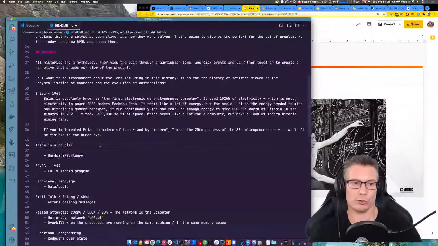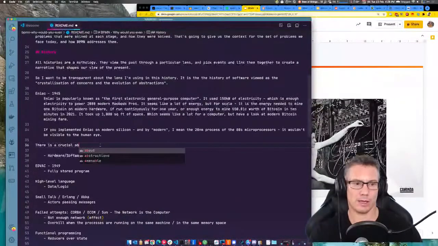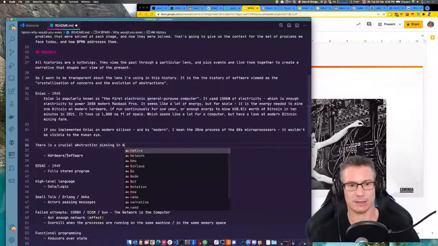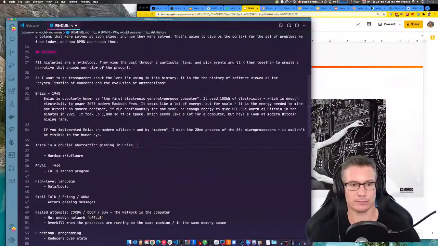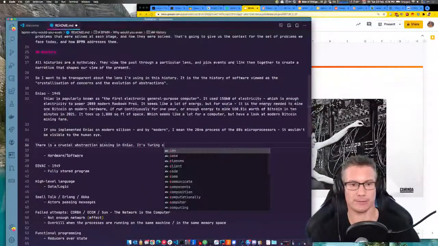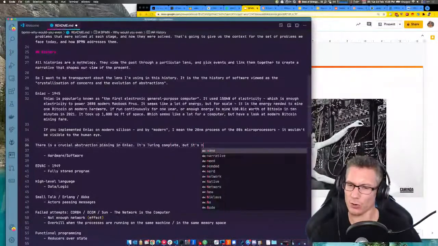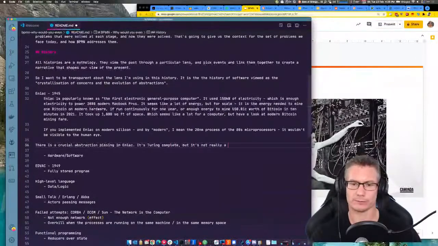So there's a crucial abstraction missing in ENIAC. It's Turing complete, but it's not really a modern computer.